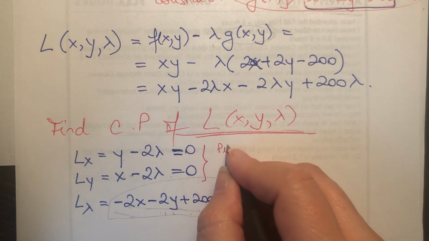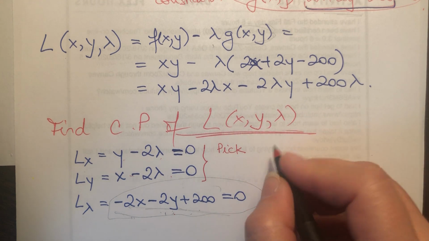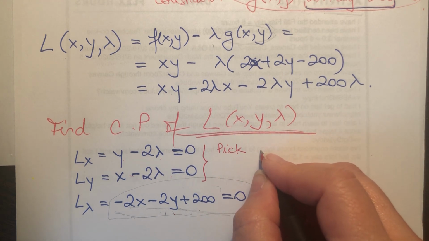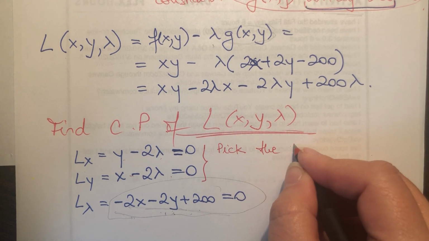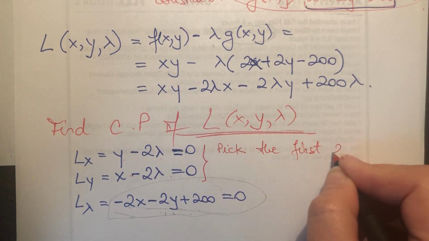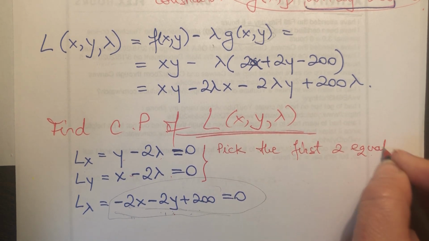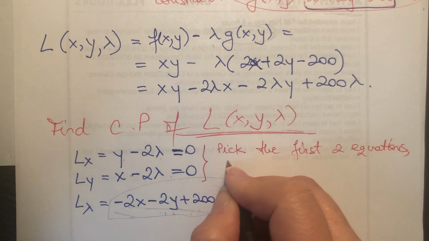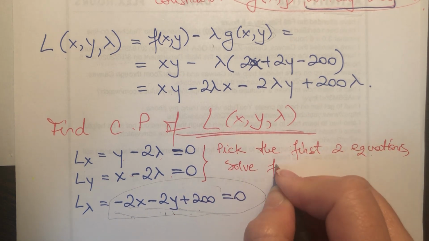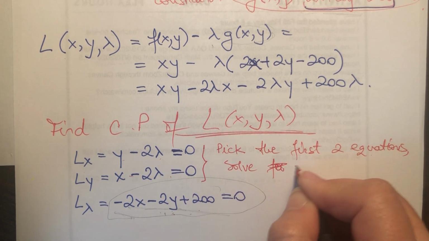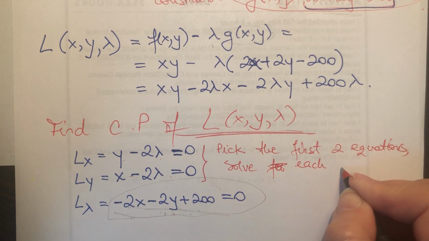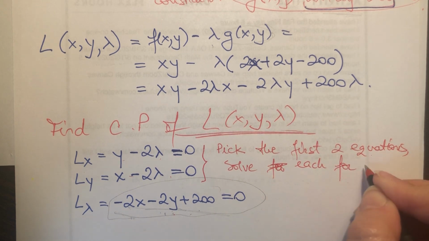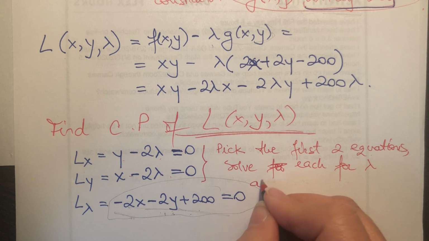So let me write this down. It's in the notes, it's in the textbook. Pick the first 2 equations, solve each for lambda, and set them equal to each other.